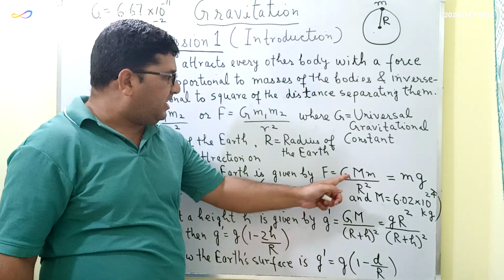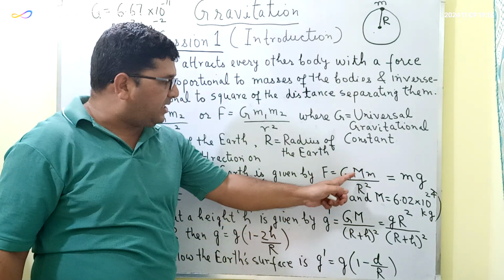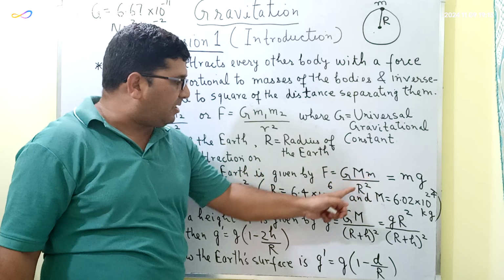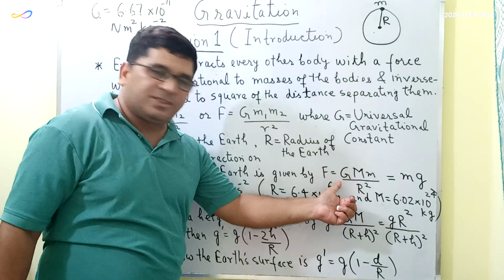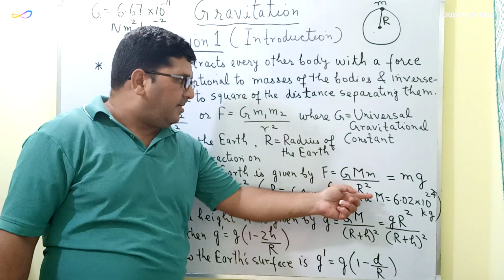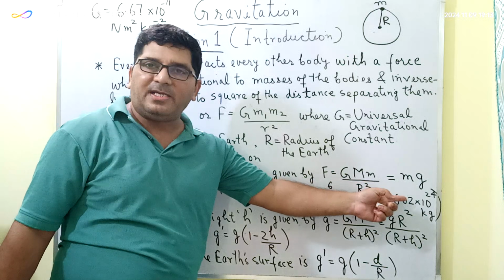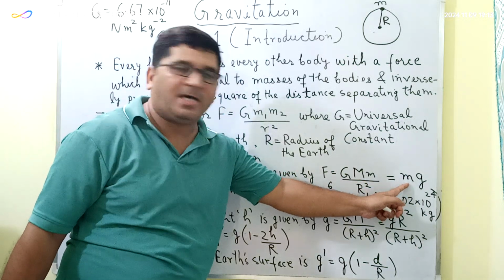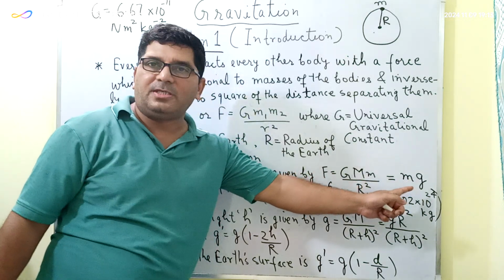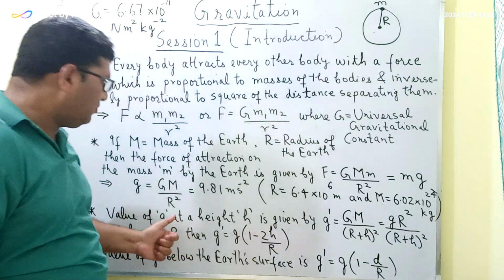So F is equal to G into capital M into small m divided by R square, and now this force of attraction will generate an acceleration in this body of mass m, and this acceleration is called the acceleration due to gravity.